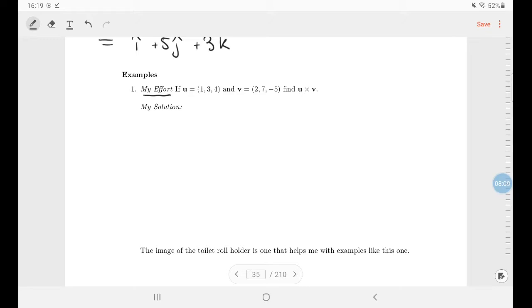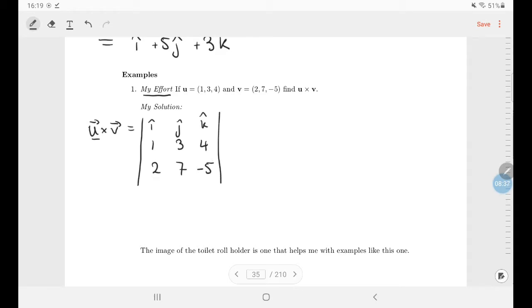So let's do U cross V. U cross V is equal to a determinant: I, J, K. Put the components of U first in the second row: 1, 3, 4, and then the components of V: 2, 7, minus 5.